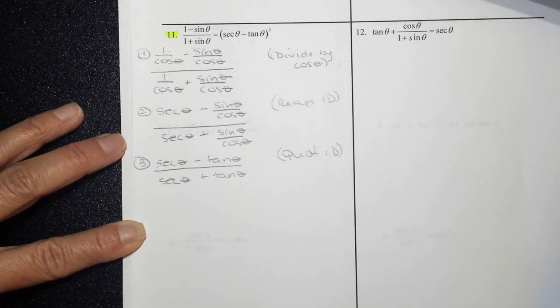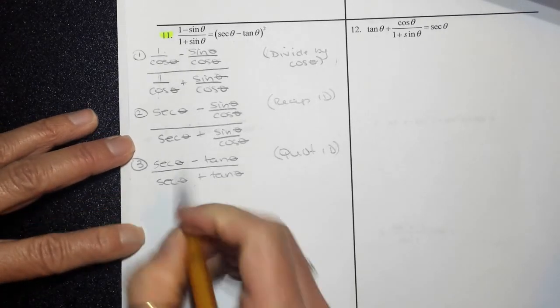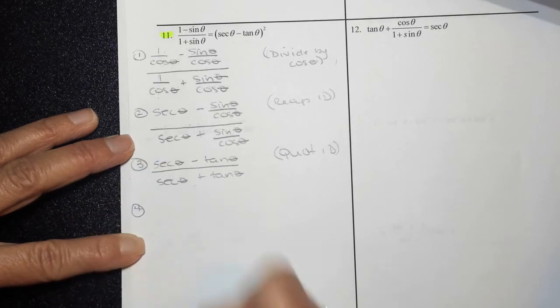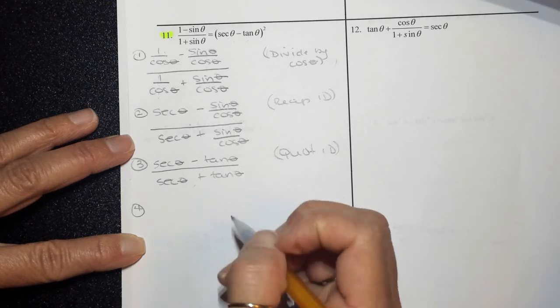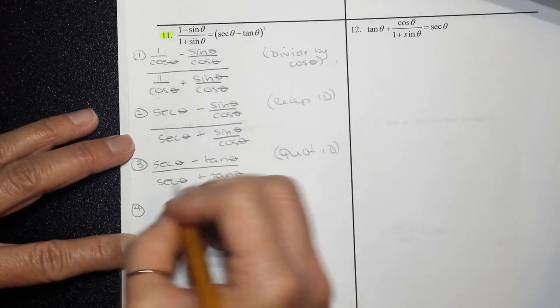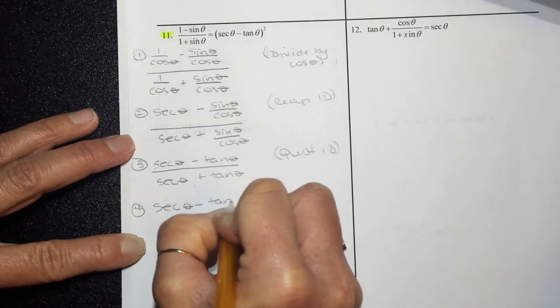Okay? So now, if I multiply by the conjugate of the denominator, hopefully that is going to get me somewhere. So when I multiply by the conjugate of the denominator, I have secant theta minus tangent theta. This is my original.